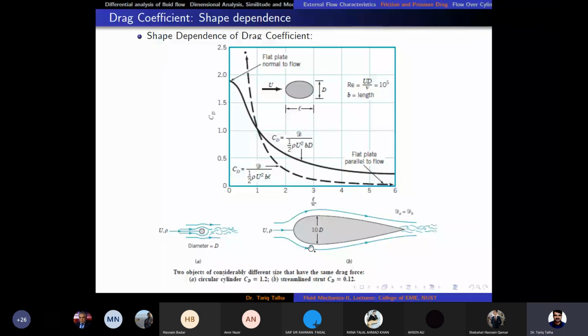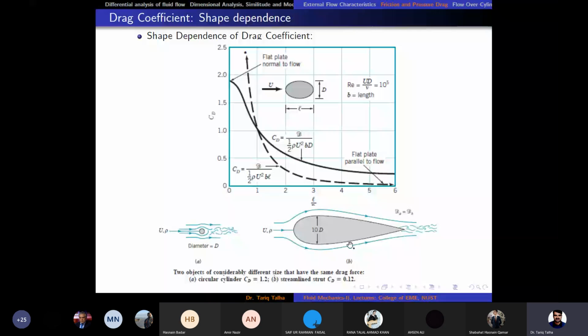Why is that? Because in this case there is a flow separation and the Reynolds number is quite high. So you can easily see that the drag forces are equal. CD for the cylinder is 1.2 and CD for this aerofoil is 0.12.